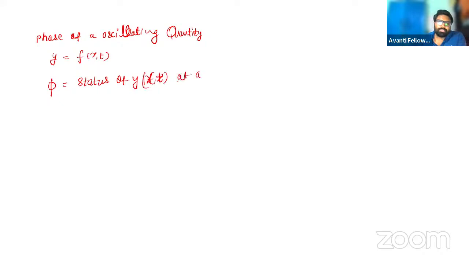If an oscillating quantity is like this, y equals a function of x and t, the phase of this quantity, let's say phi, represents the status of y equals f(x, t) at a particular instant.